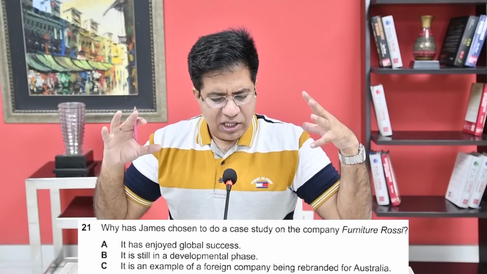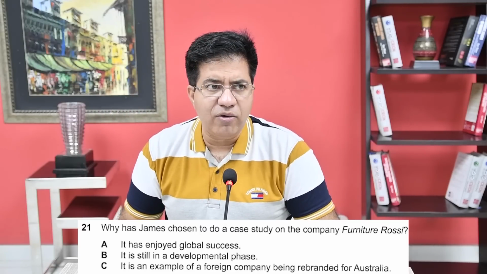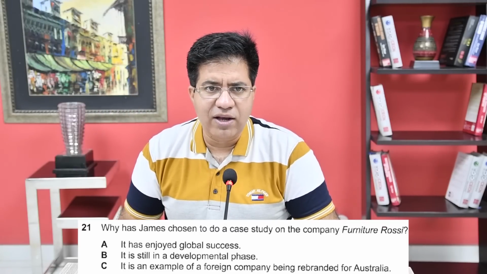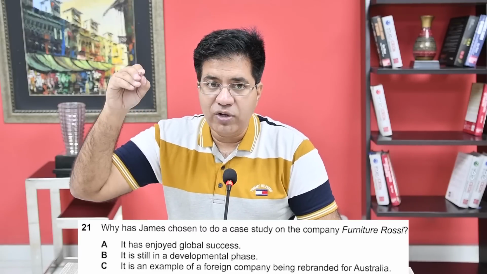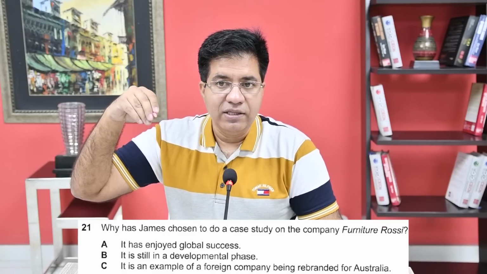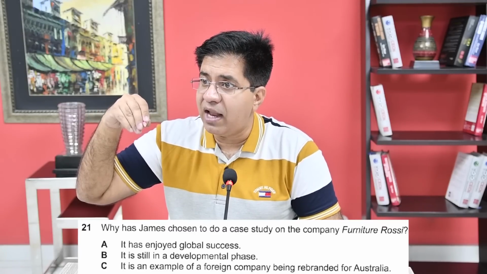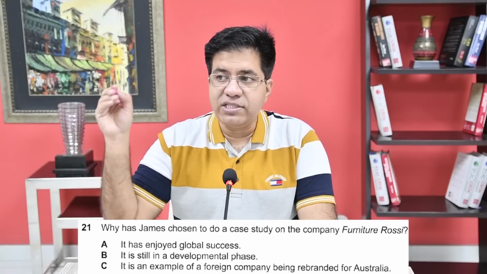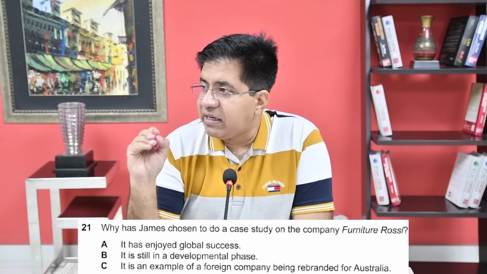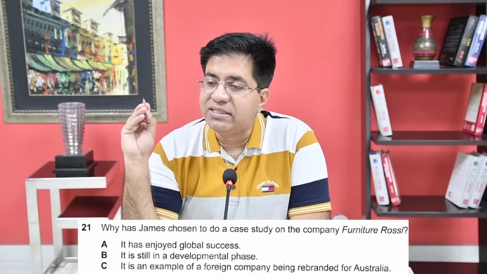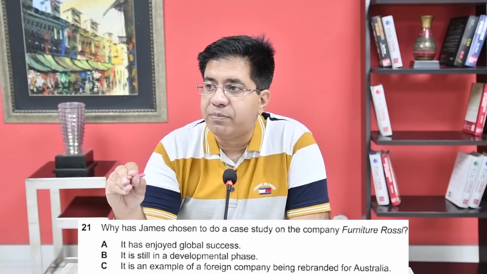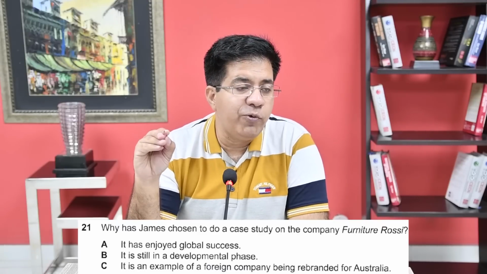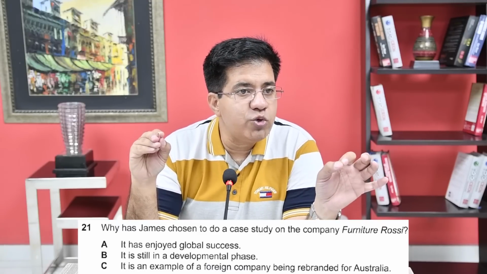For example, you listen to option A in the audio and then you realize, no, it cannot be the answer. Cross it. Now you're left with 2 options, 50-50. Then you listen to another option and you realize this can never be the answer. Cross it also. So this crossing or eliminating the wrong answer is the best technique to deal with multiple choice questions.